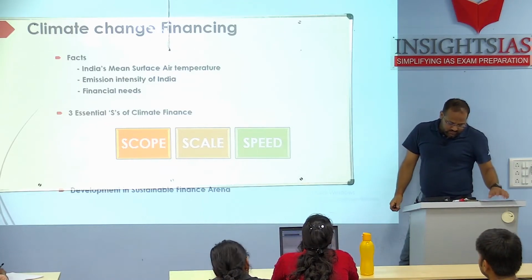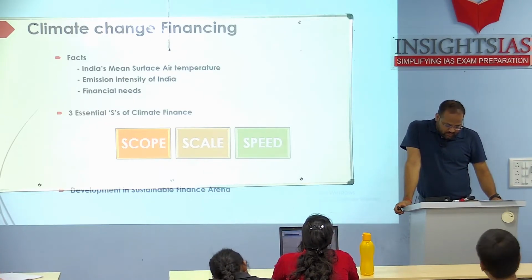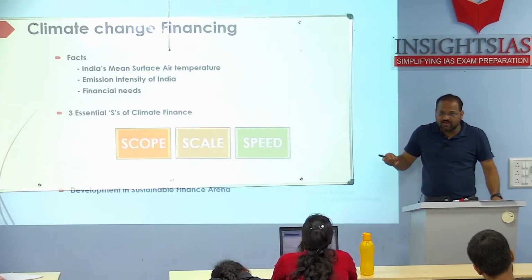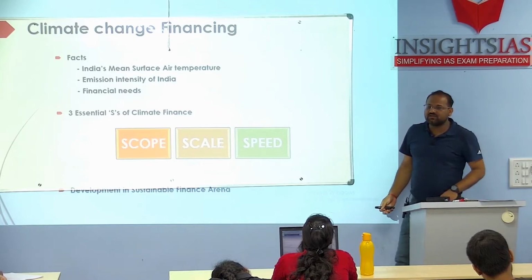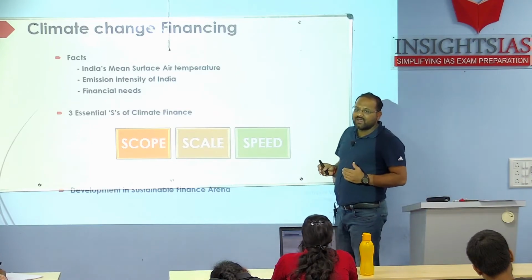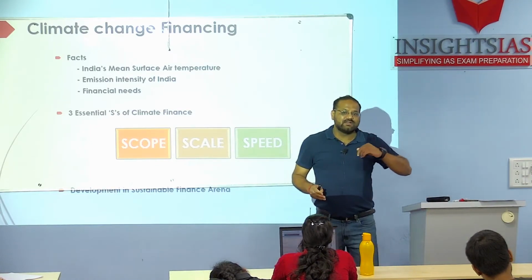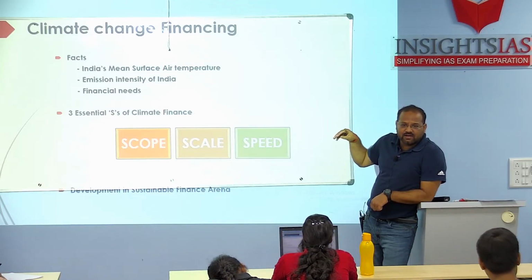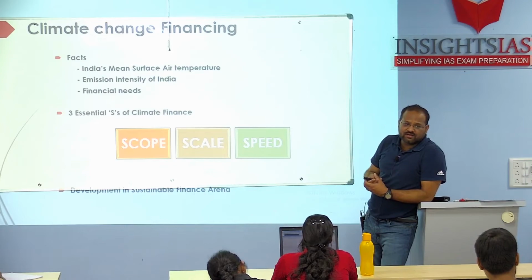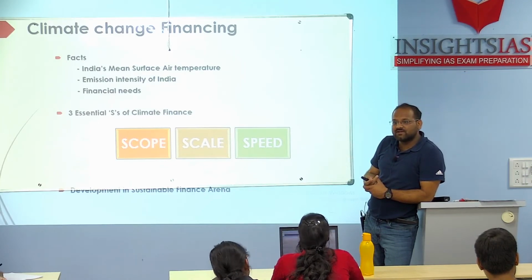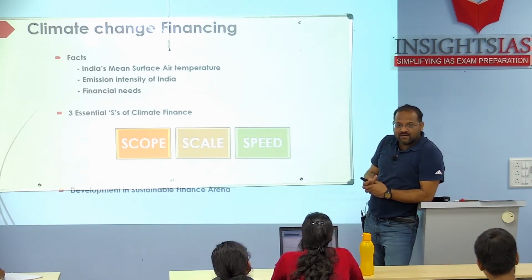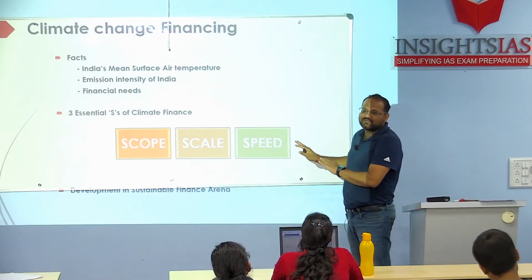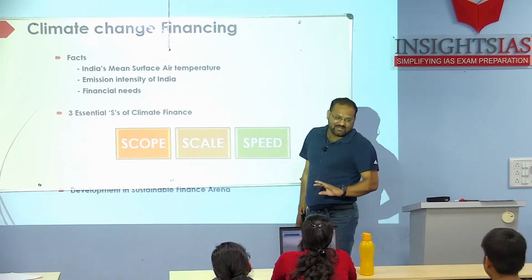And 2018 was the 6th warmest year on record. Since when are we maintaining the record? Since 1901. Whatever record we have about the air surface temperature is since 1901, and 2018 has been considered as the 6th warmest year. Now don't ask me which are the previous ones. 6th warmest year has been 2018. That is only required.